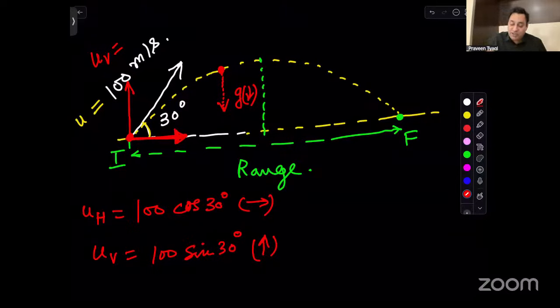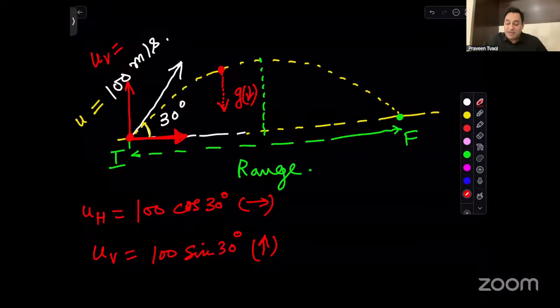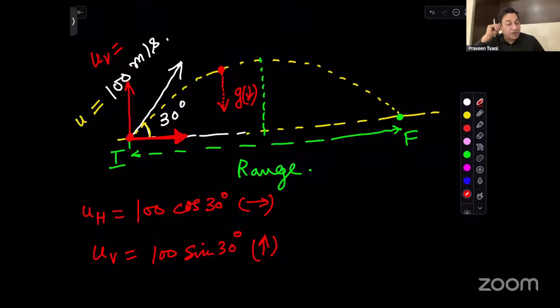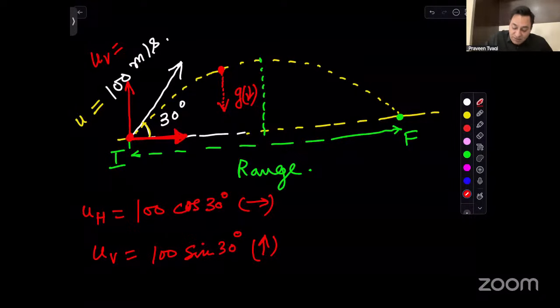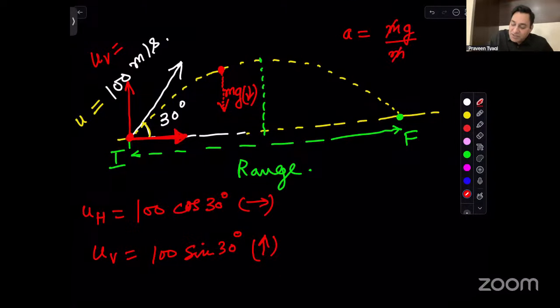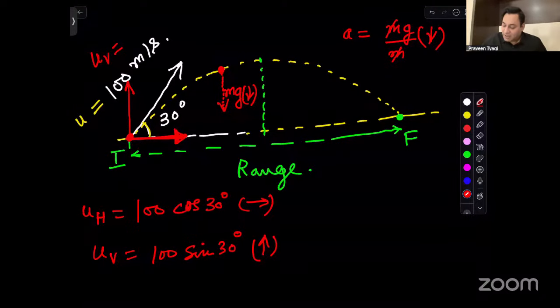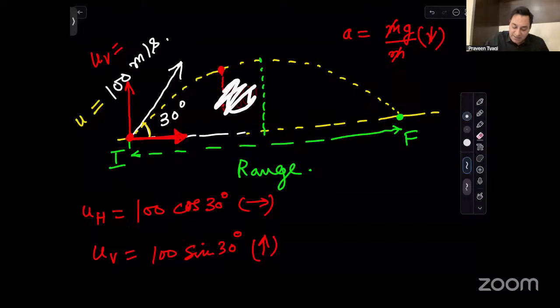There is only g, which is its acceleration, and that acceleration is due to gravitational force. So the force is mg, and acceleration is mg divided by m, which is g downwards. So its acceleration is g downwards. And now I'll just mark its acceleration here. So its acceleration everywhere is g.